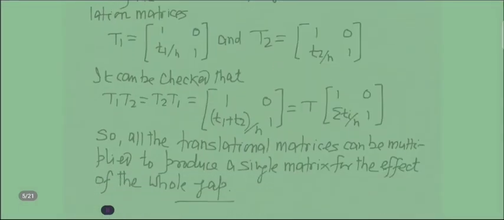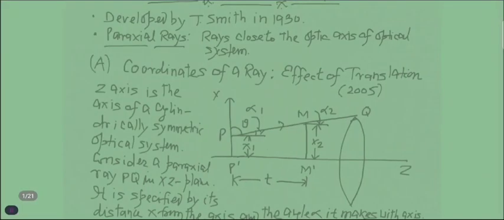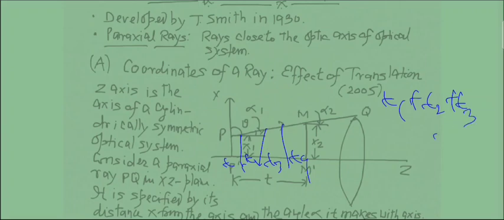So that's the meaning of this statement. So all the translation matrices. We can have more than two gaps also. For example, we have three gaps, or four gaps, suppose. T1, T2, T3, T4. Then T1 plus T2 plus T3 plus T4 will be equal to small t.